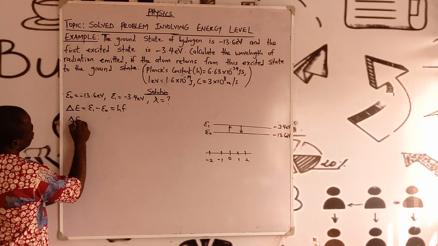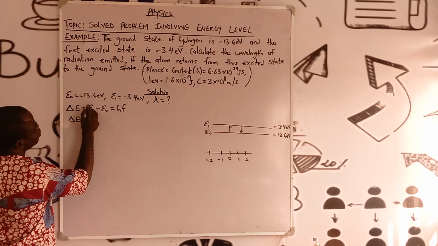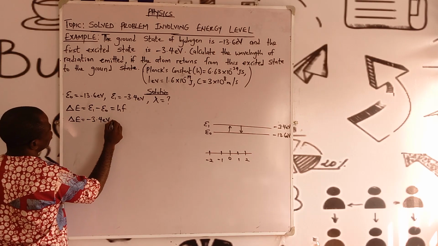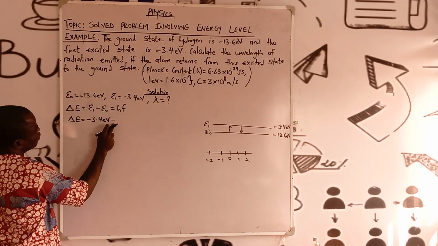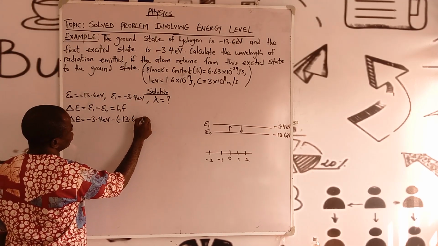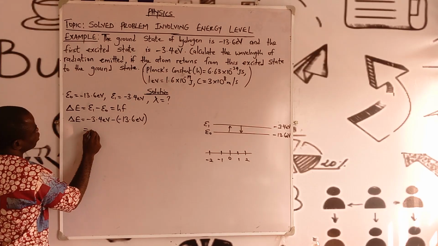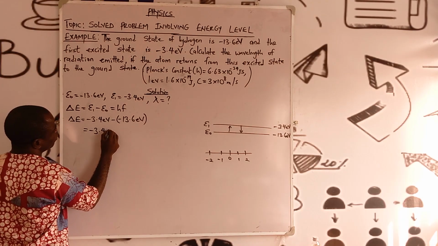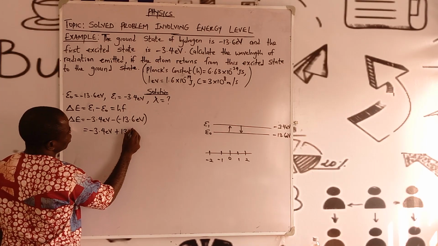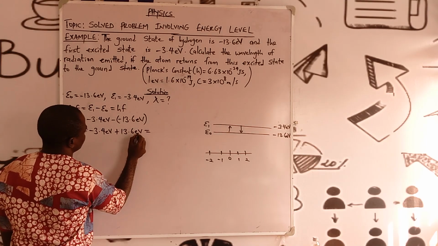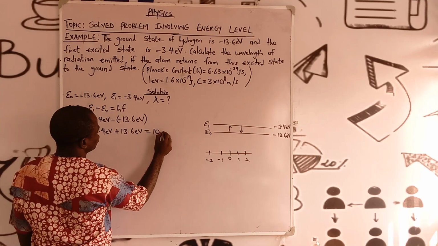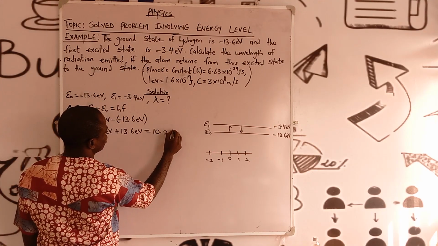Change in energy equals E1, minus 3.4 electron volts, minus this negative, minus 13.6 electron volts, which is equal to minus 3.4 electron volts, negative and negative positive, plus 13.6 electron volts. When you do the subtraction, you have 10.2 electron volts.